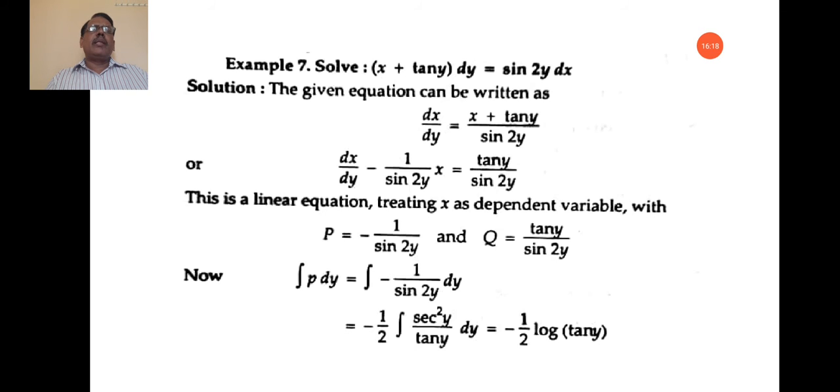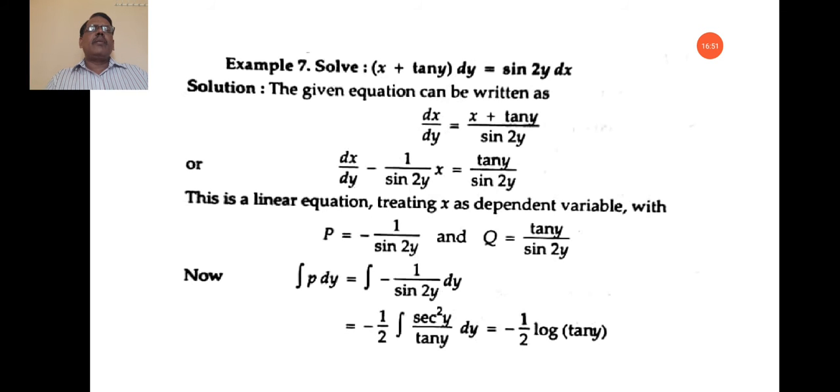Now we have to find the integrating factor. For this we have to find the integral of p dy, which is the integral of minus 1 by sin 2y dy. 1 by sin 2y can be written as 1 by 2 into secant square y by tan y. Therefore the integral of p dy becomes minus 1 by 2 into the integration of secant square y divided by tan y into dy.